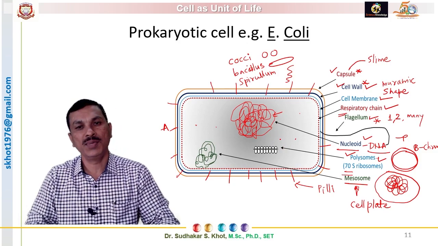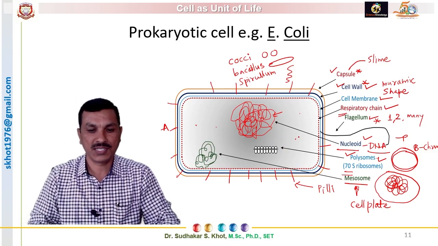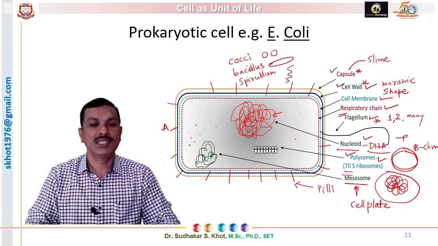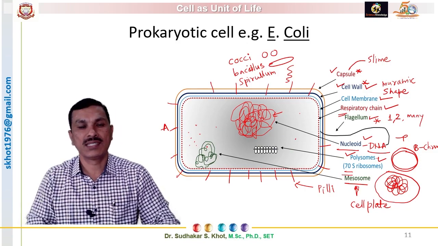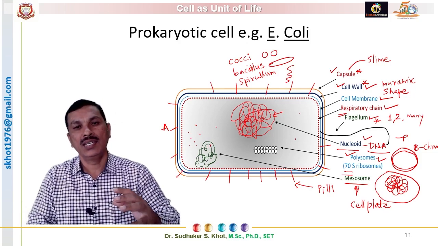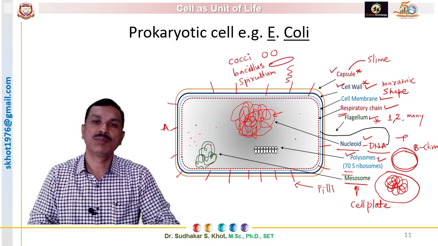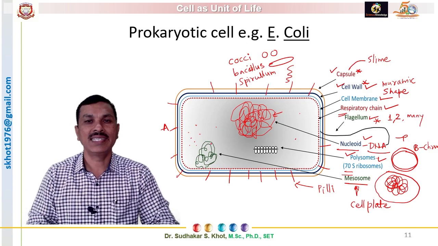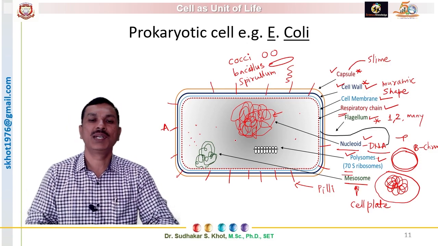The nucleus does not have a membrane, and that is why there is no compartmentation. Now, in addition, the cell consists of a number of inclusions. The reserve food materials may be present in the form of starch, protein molecules, or oil droplets. So, depending on the type of bacteria, it has a specific type of reserve food material.